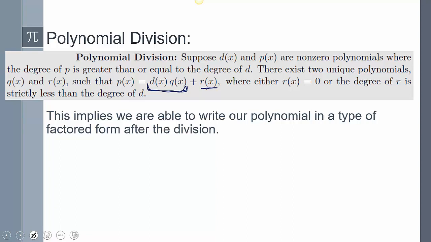Now, it is awkward, because we're not used to writing it as factors. But through this process, over the next few lessons, where we're going to be practicing these division techniques, it's going to help us and it's going to make a little bit more sense.